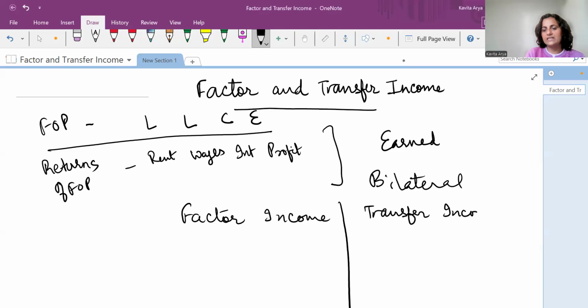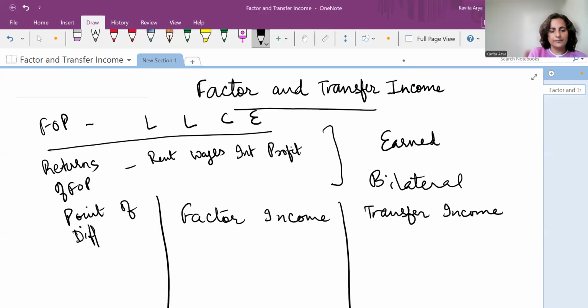And for any T table, another mandatory column should be the point of difference. Sometimes a minor mark, half mark or 1 mark is cut for not giving the headers or the basis of differentiation.